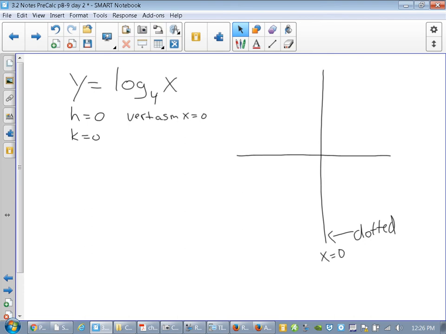Because you know how the asymptotes are always dotted vertical lines? If you want to just put a little arrow and say that it's dotted, because that's where your asymptote is, that's okay. I'm fine with that.